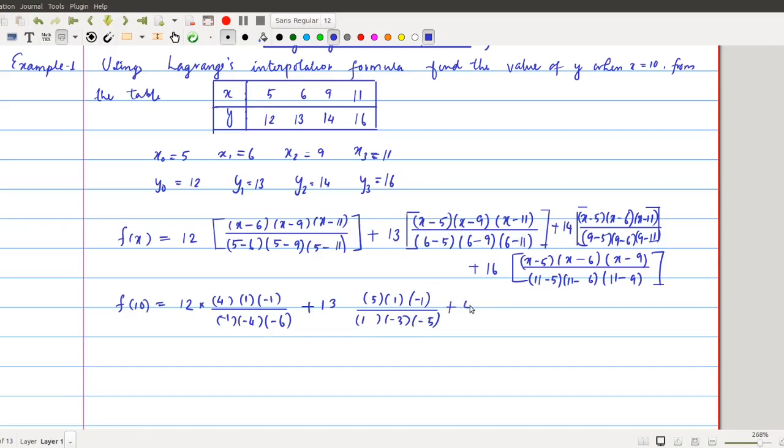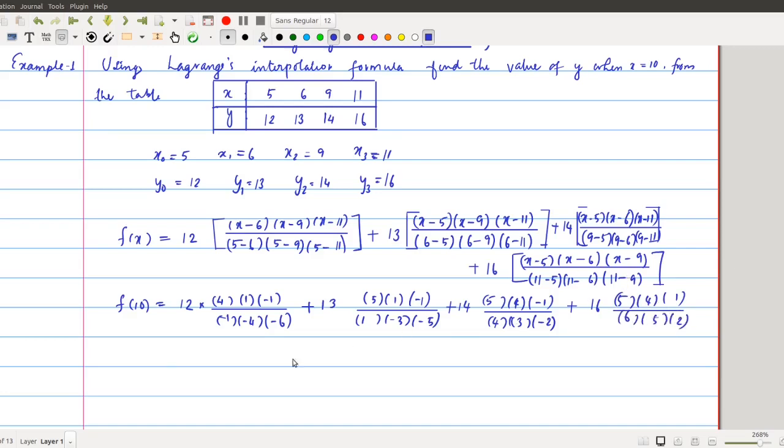Plus we have 14 times, we have 5 times 4 times minus 1 divided by 4 times 3 times minus 2. Okay. So this is from the third term, and finally we have 16 times 5 into 4 into 1 divided by 6 into 5 into 2.